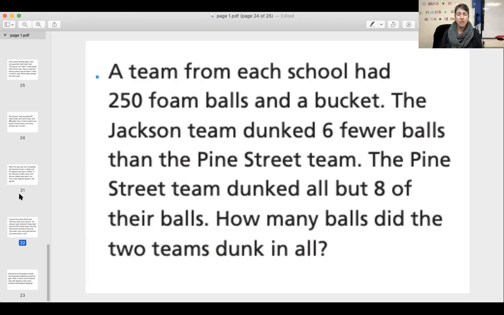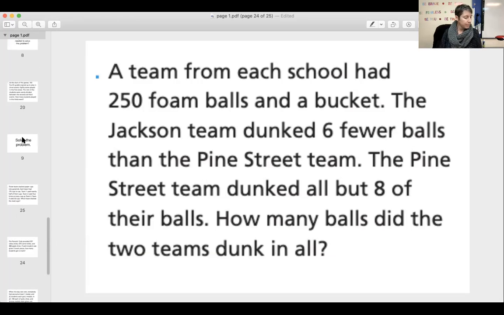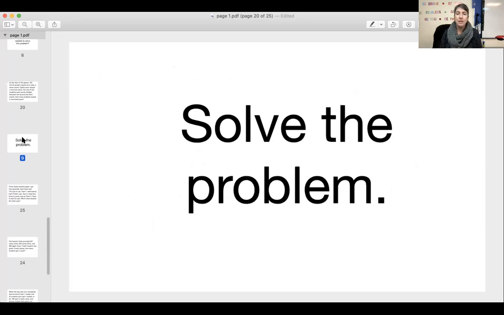How many balls did the two teams dunk in all? Remember, these questions have more than one step in order to solve them. Please solve the problem number 11 on page 120. How many balls did the two teams dunk in all?